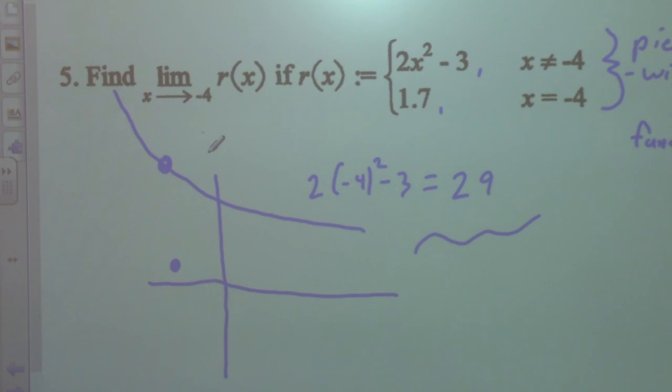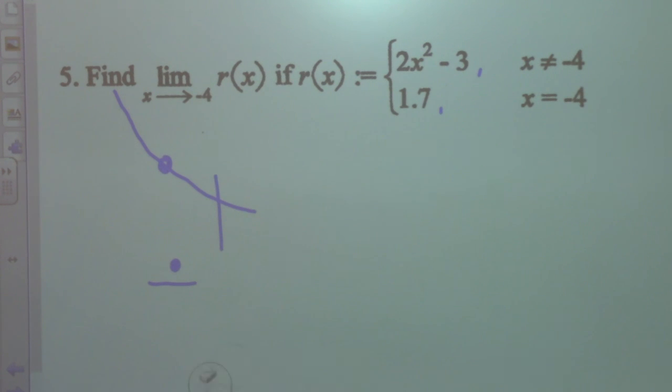The limit does exist, because the left-hand limit equals the right-hand limit. But the value of the function itself is not 29 at that point. With piecewise functions, we'll also do a test for continuity.